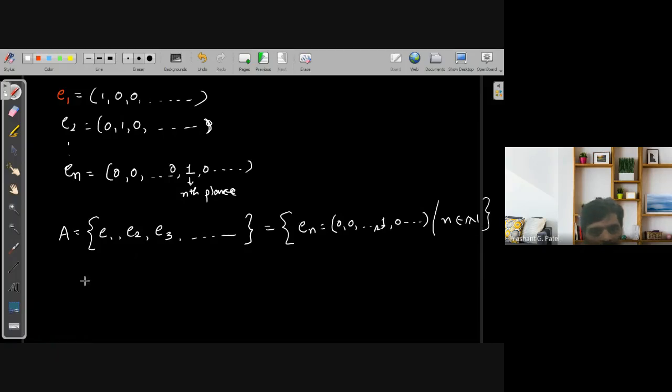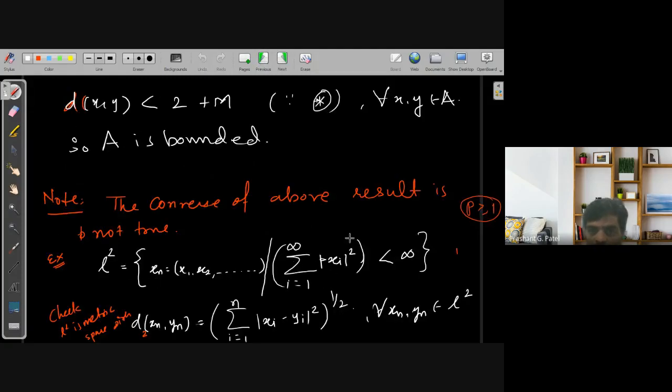What is the summation of all of them? It is obvious that this A is a subset of L2. If you want to check that a sequence is in L2, it has to be square summable.